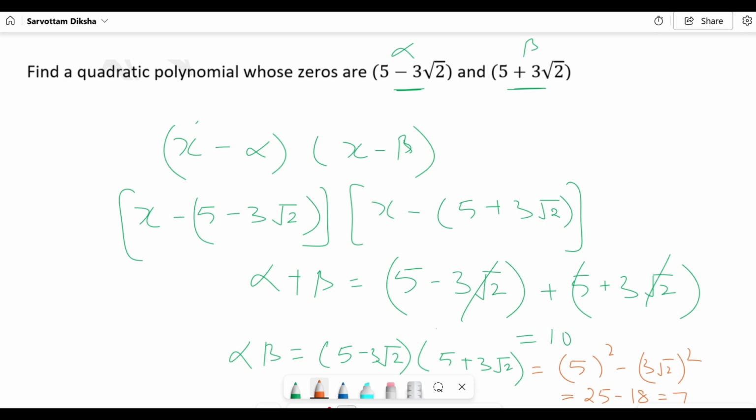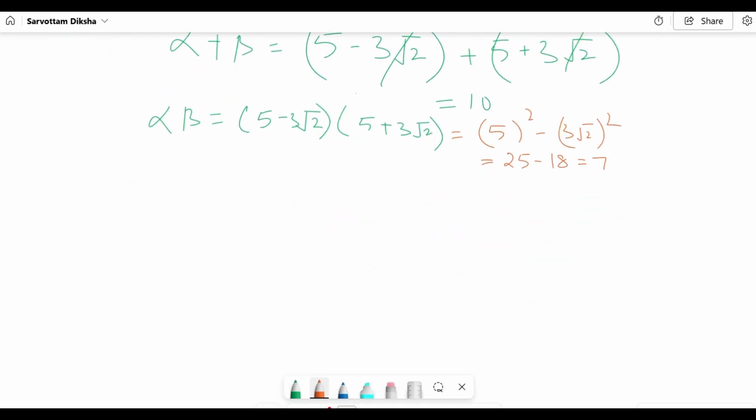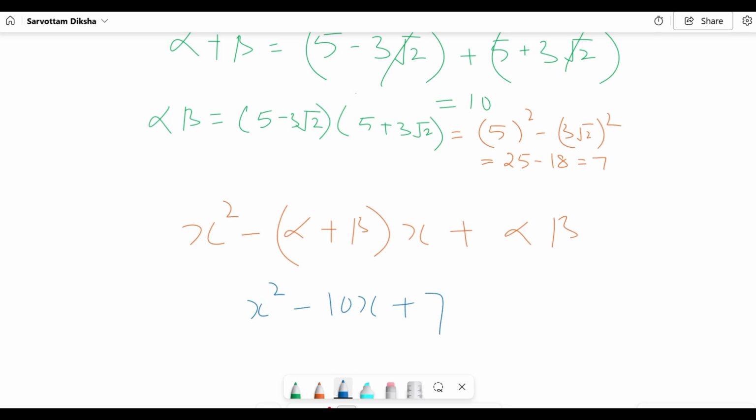So after solving, I have got alpha beta as 7. So now what I have to do, simply substitute the values. I know the equation is x square minus alpha plus beta x plus alpha beta. Substituting the values, what is the equation? X square minus 10x plus 7, and this is the answer.